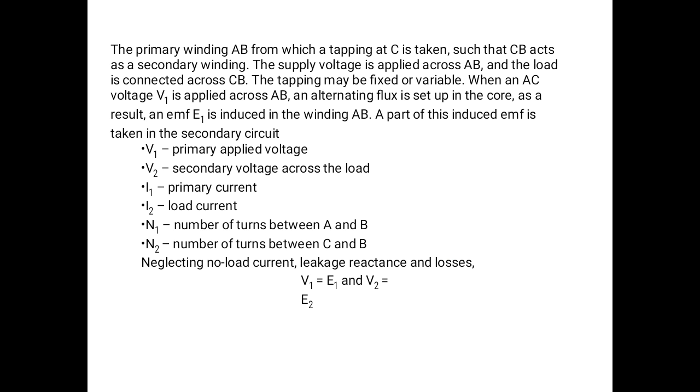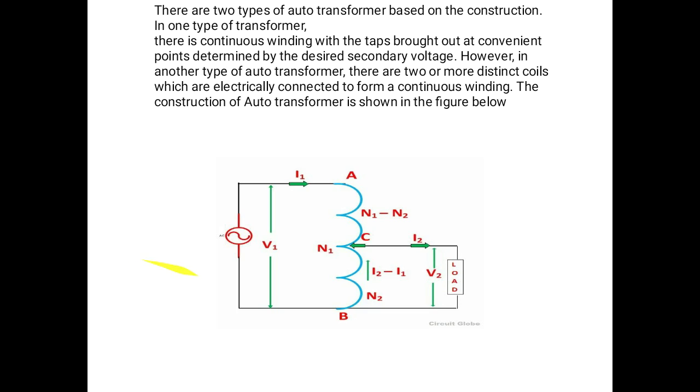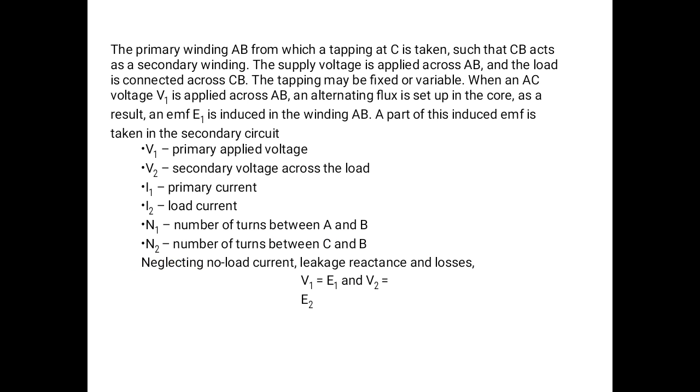In the given figure, primary winding AB from which a tap at C is taken such that CB acts as a secondary winding. Here CB acts as a secondary winding and AB acts as a primary winding.